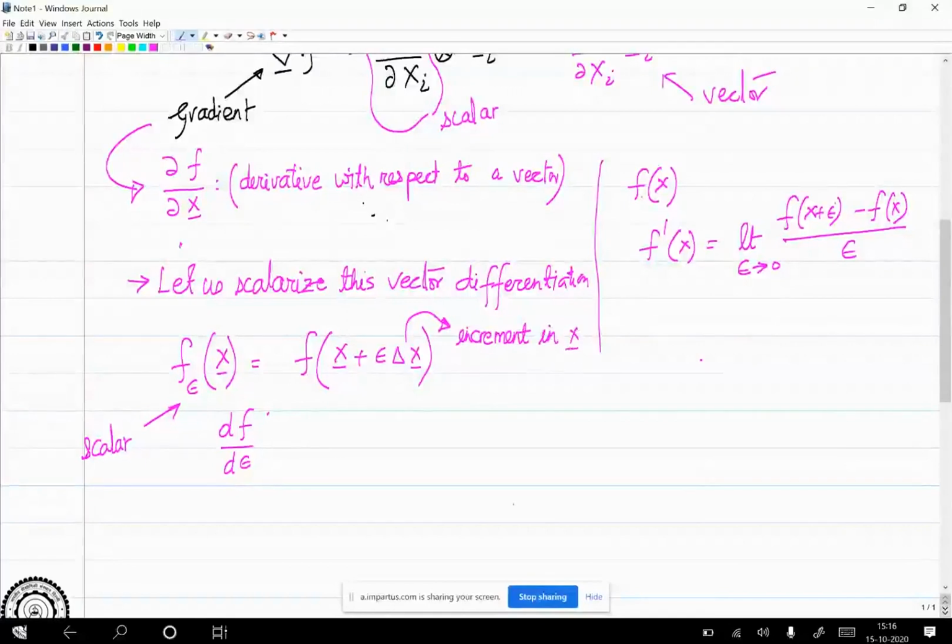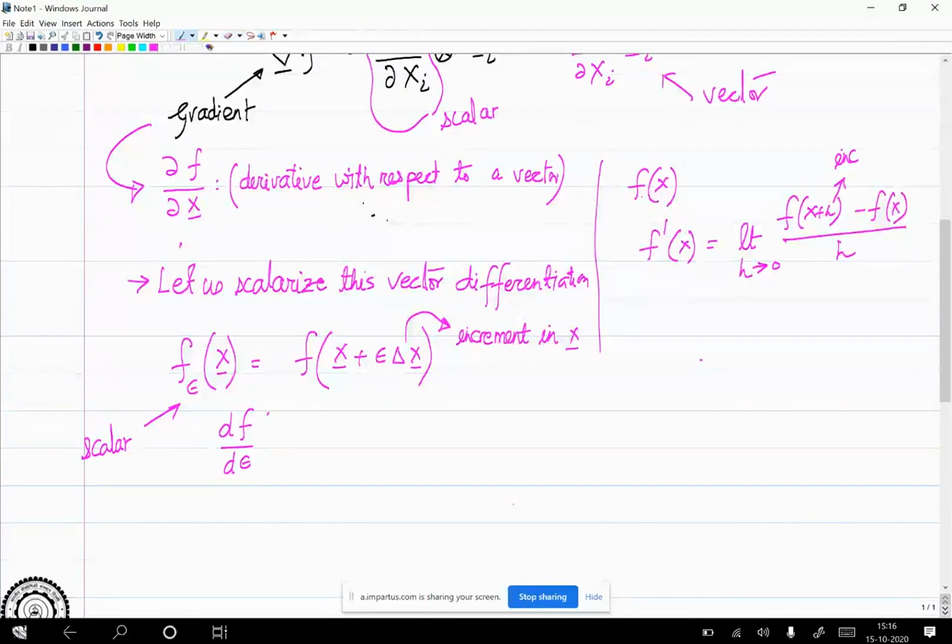Just like here, epsilon is the increment. This is the increment in x. Well, I should maybe use a different symbol so that we are not confused. So maybe let me use h here.